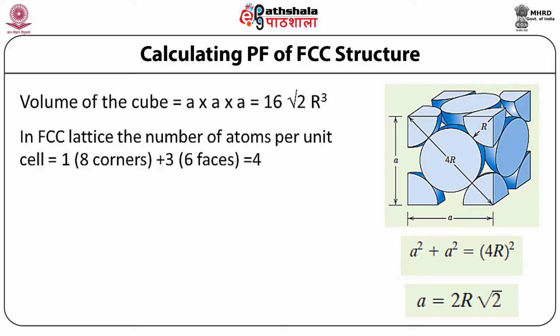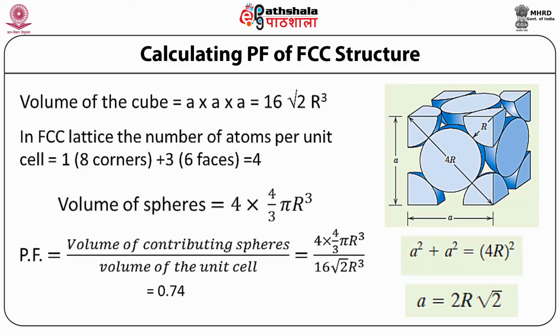So there are basically 4 such spheres in this cubical volume, and when we divide the volume of spheres by the volume of the unit cell, we get the packing fraction, which is 0.74. So this is again higher than the earlier one, and this implies that this structure will possess higher density. The relation between A and R due to the geometry is shown on the left hand side.